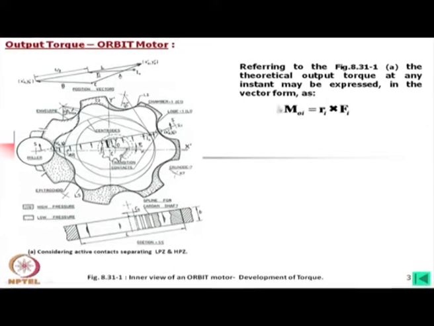So, that torque must be the output through this body, which is nothing but the star. So, we can write down this is the torque. Sometimes it is called the energy method, but whatever the name, in this way we can find out the theoretical torque output of this machine.